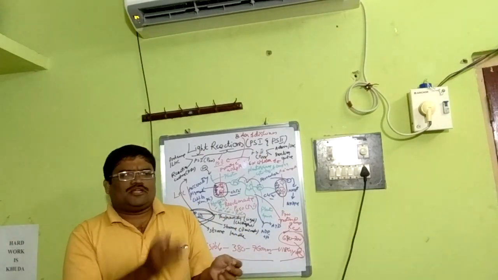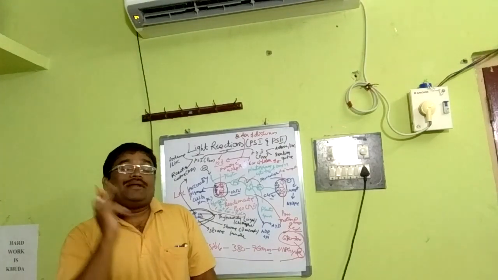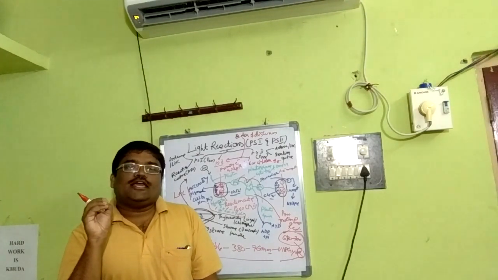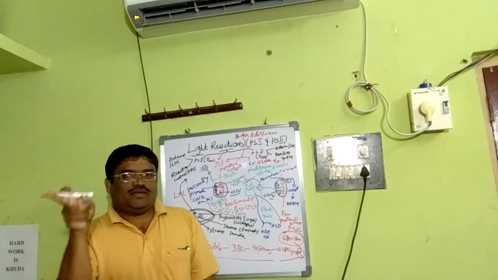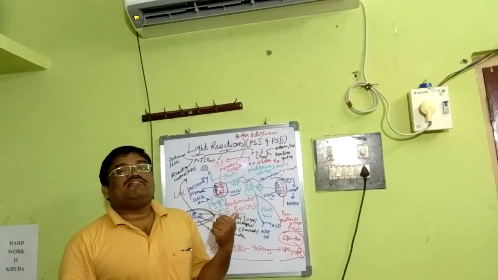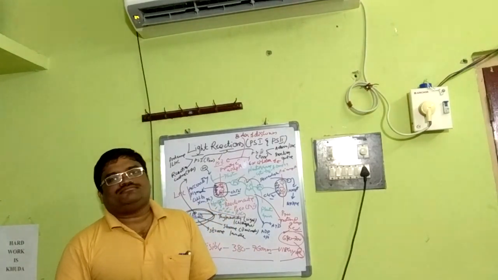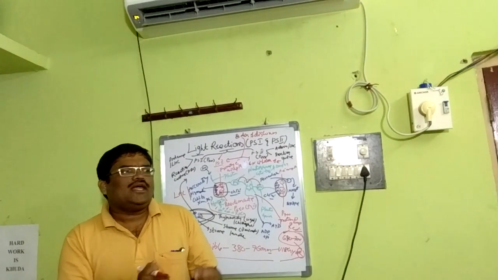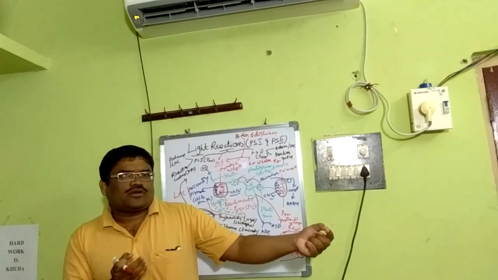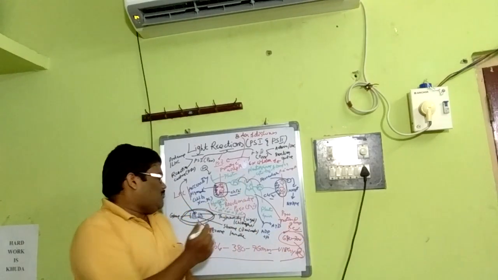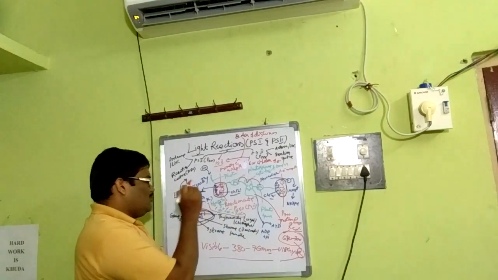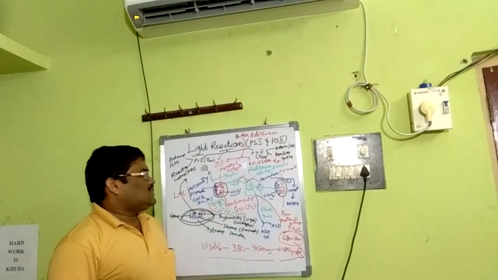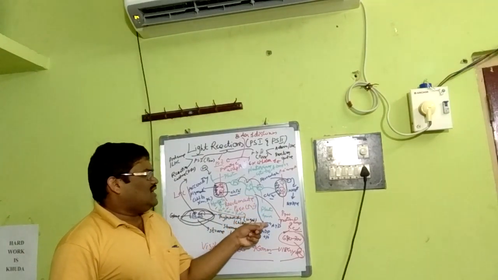The concept is the same, proton gradient driven, but in mitochondria the protons accumulate in the intermembrane space, whereas here they will accumulate in the lumen. That means the inside of the thylakoid membrane is called the lumen. The protons from the stroma get inside the lumen. That's the only difference, and that is how they synthesize the ATP.